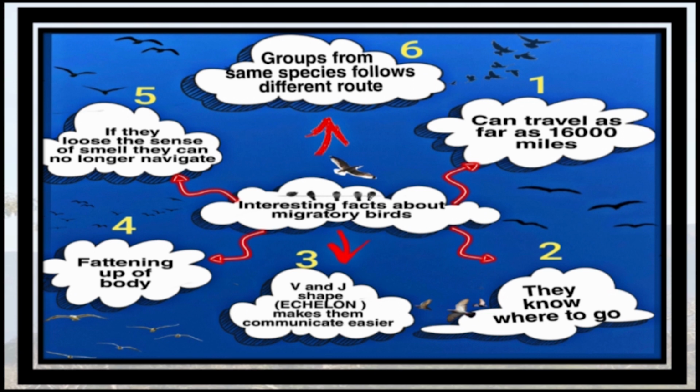Third, the V or J shape that migrating birds often fly is called echelon. This formation makes it easier for a flock of birds to see and communicate with each other. Fourth, fattening up of the body.